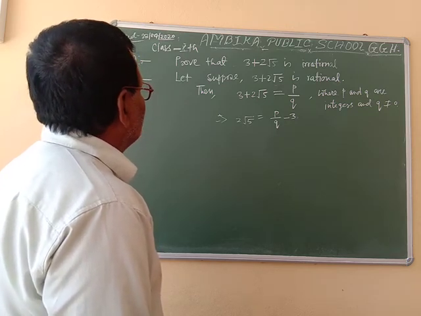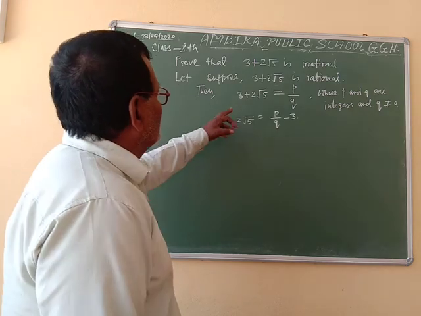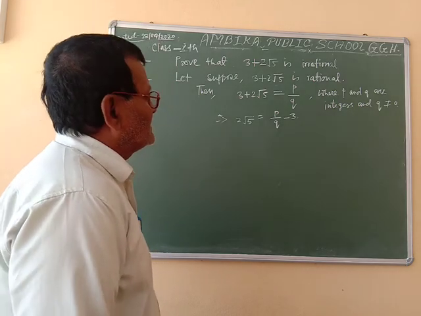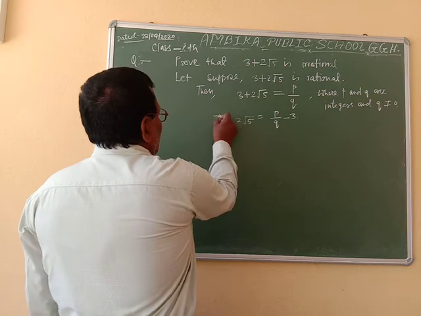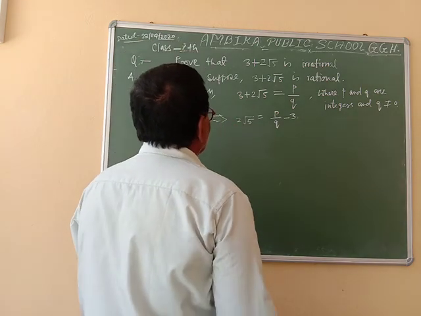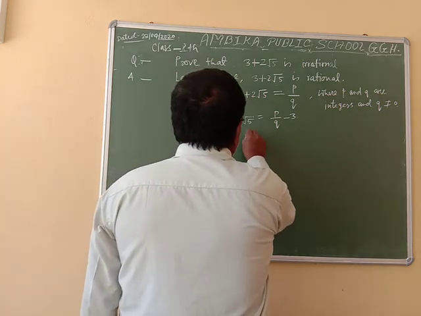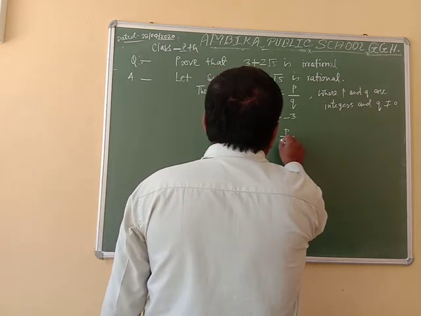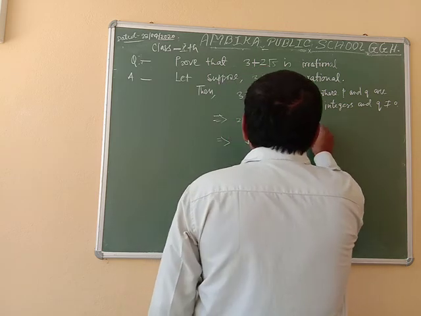If it is rational, then we can write it in the form of p by q, where p and q are integers and q is not equal to 0. So 2 root 5 is equal to p by q minus 3, root 5 is equal to p by 2q minus 3 by 2.